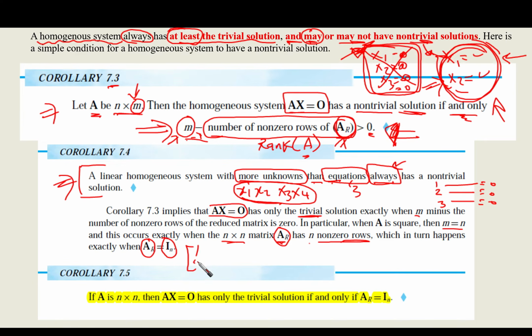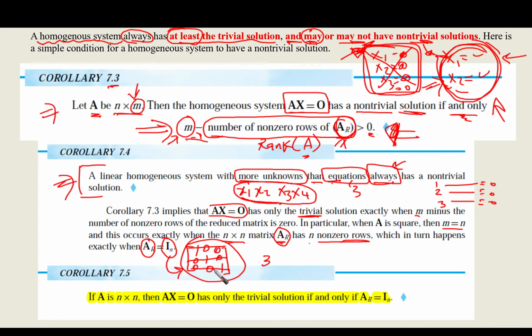It is going to be like this, for example, 0, 1, 0 here, 0, 0, 1. Okay, so this matrix is going to be the reduced matrix. This means what? The number of non-zero rows is going to be here 3, for example, and we have 3 equations, right? That's right. And we have 3 unknowns, for example.